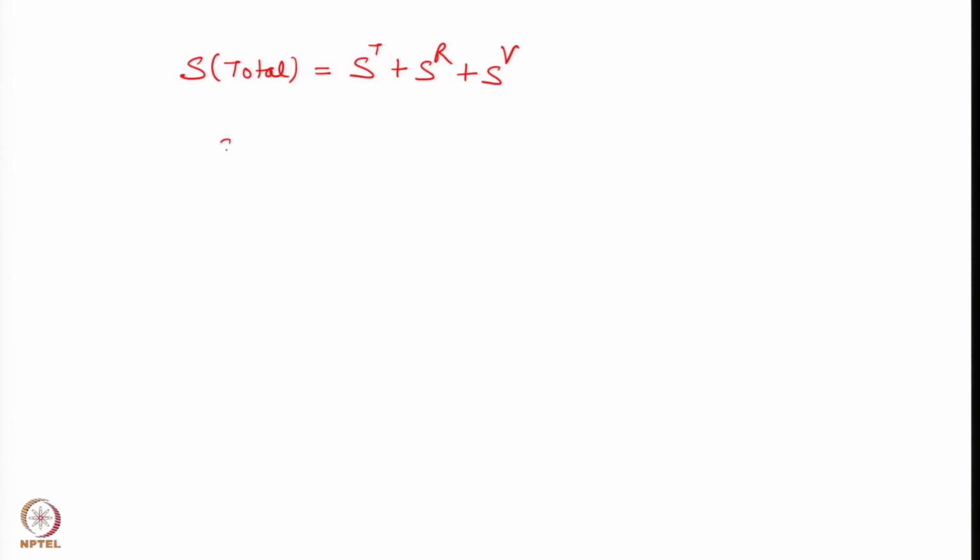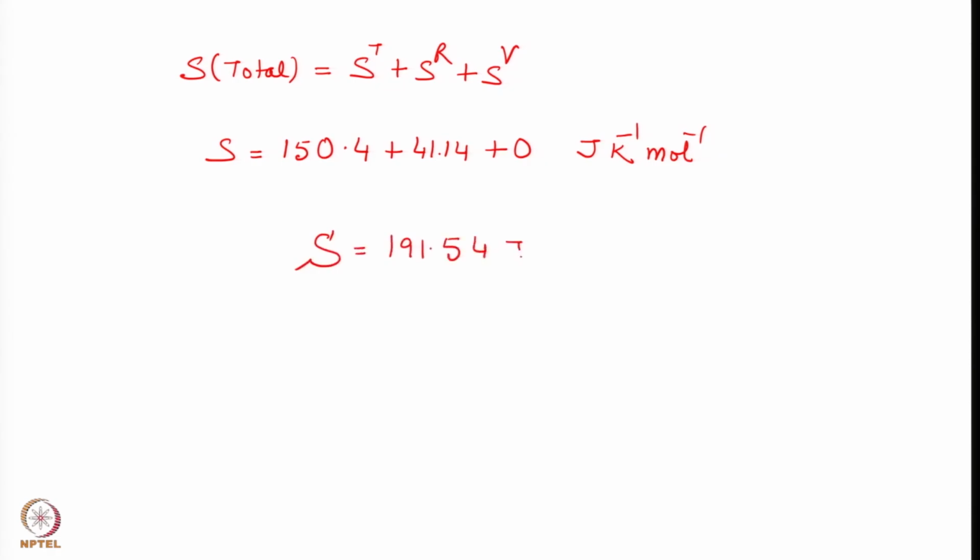S total is equal to S translational, which was 150.4, S rotational, which was 41.14, and this was 0. So many joules per Kelvin per mole. Therefore your entropy comes out to 191.54 joules per Kelvin per mole.